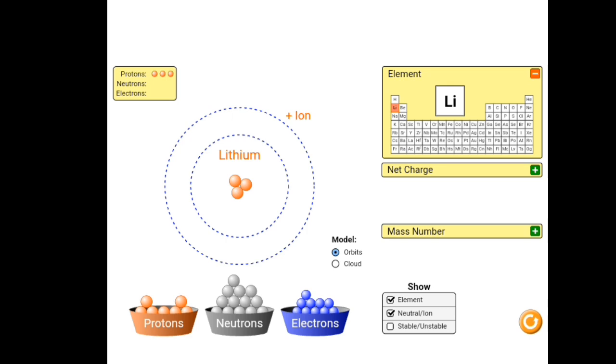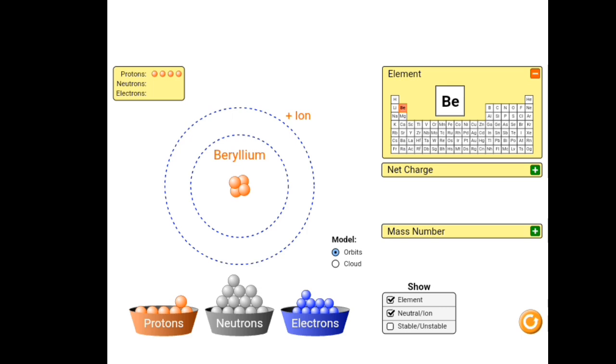With 3 protons, that's lithium. So lithium as an element has 3 protons. Let's add one more. Next is beryllium. So beryllium is an element with 4 protons.